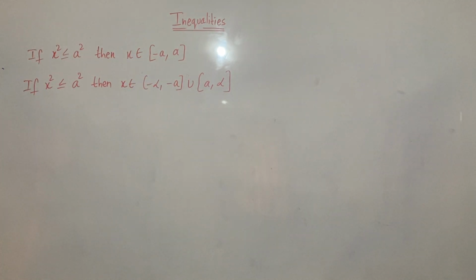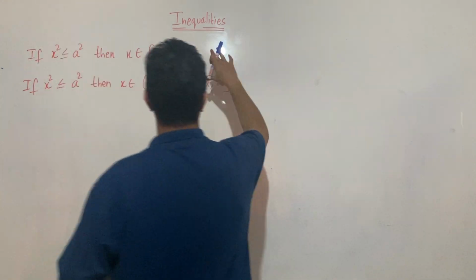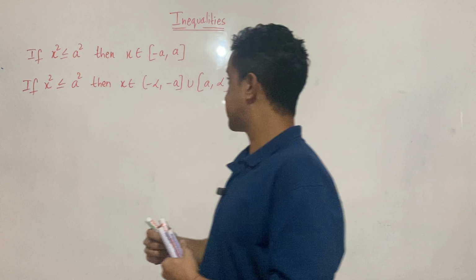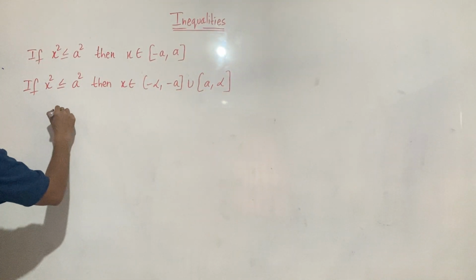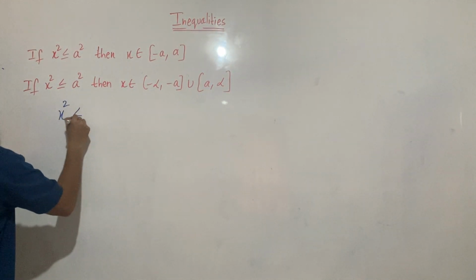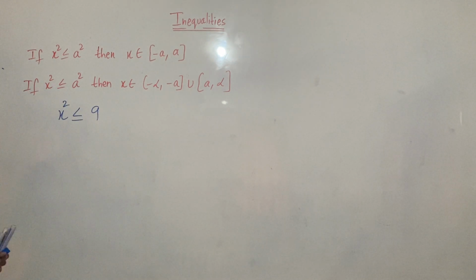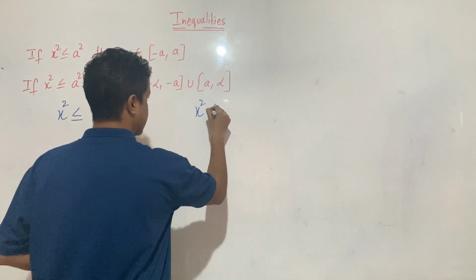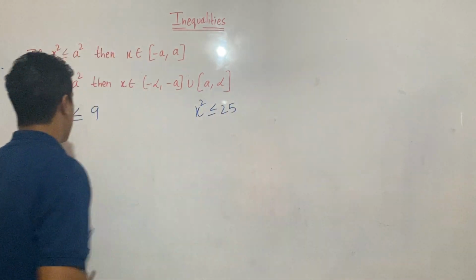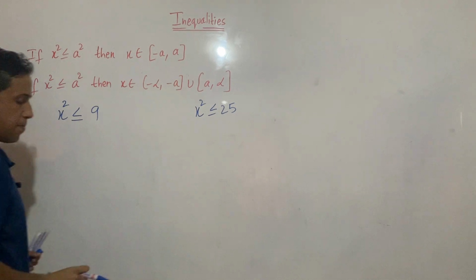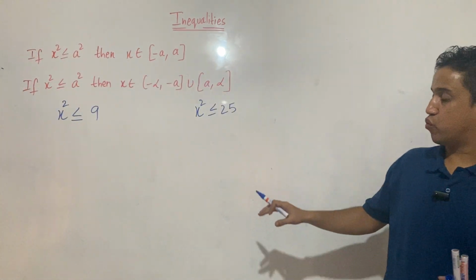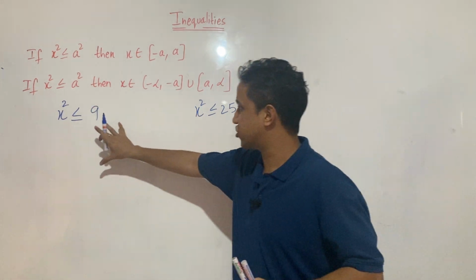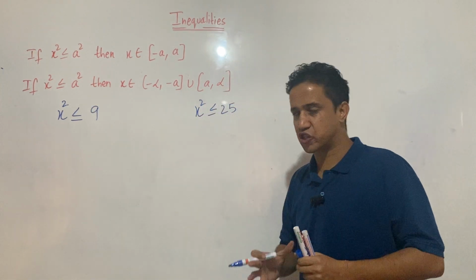Now let's try to see if this result is valid or not. Let's say we take this case, x square is less than 9. And here we will take x square less than 25. There are lots of ways to solve this inequality, but here I'm just going to use the simplest way.